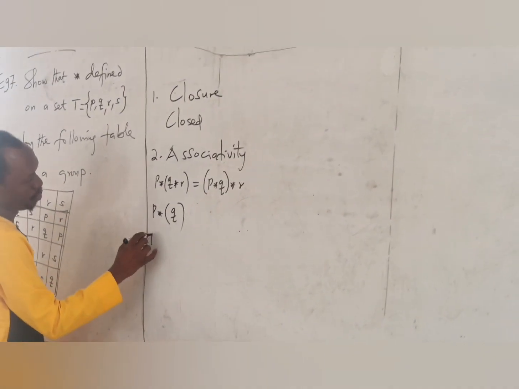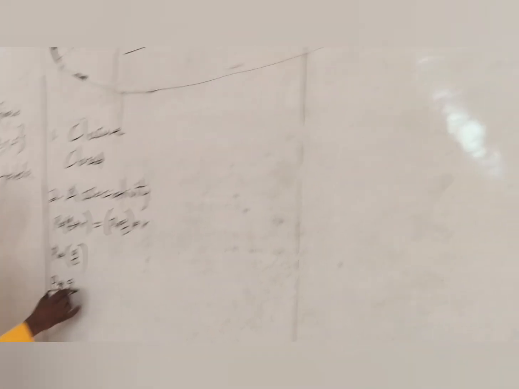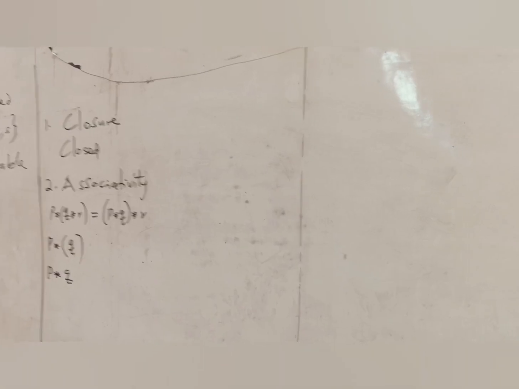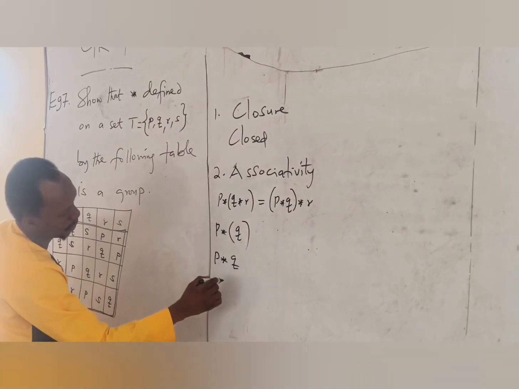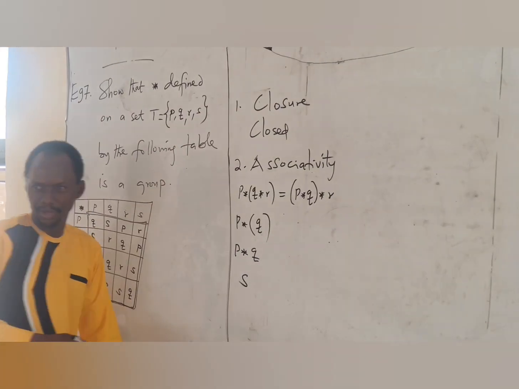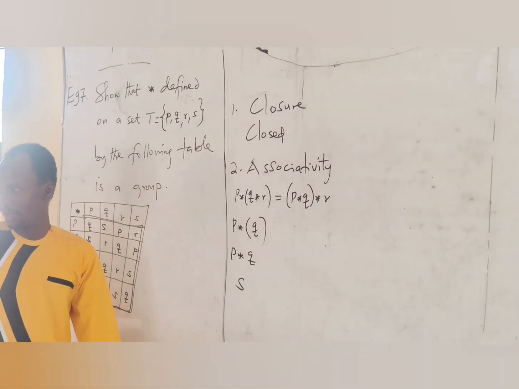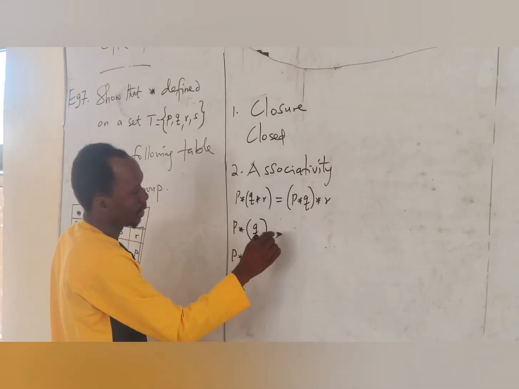We are coming to get P operation Q now. So P operation Q on the table. P operation Q is what? S. So we get S. That's the left hand side. We are finally working the left hand side. Can you all see? So now let's work the right hand side.